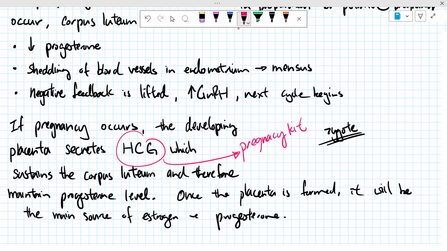I read something a while back, like there's a man who was peeing on his girlfriend's pregnancy stick for fun, and it was positive. Okay, so it turns out men should not have the HCG.